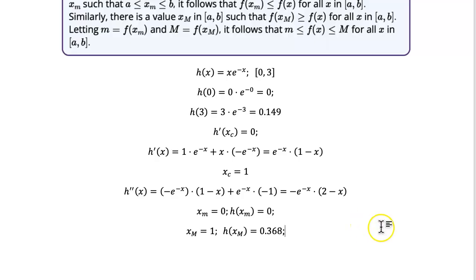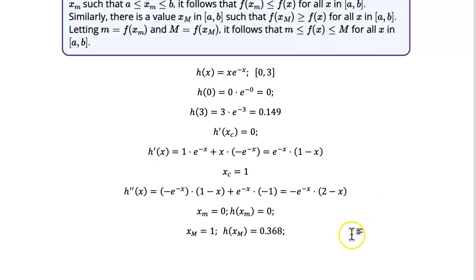All right, so what did we do? We evaluated the endpoints. We took the first derivative to find the critical value. We found the critical value. We checked that the second derivative was negative there.